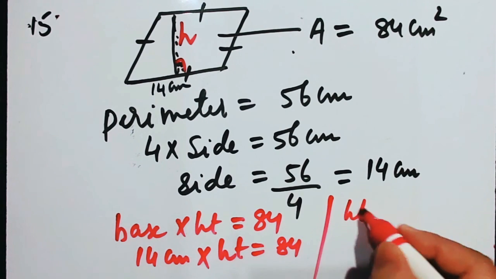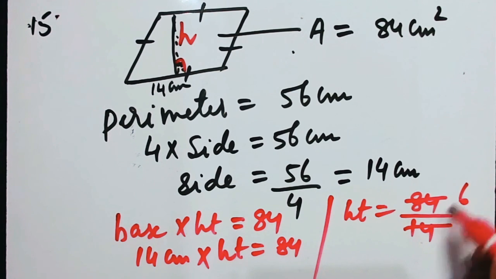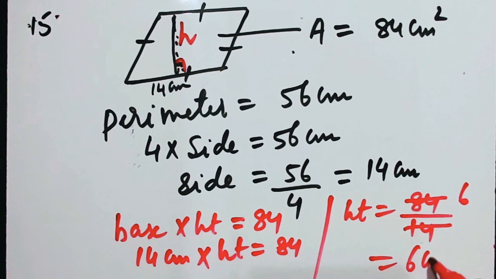Therefore my height will be equal to 84 divided by 14. 84 divided by 14 will give you, let us see, 14 6 times is 84, so the height is 6 centimeter. That is our answer. I hope this is loud and clear.